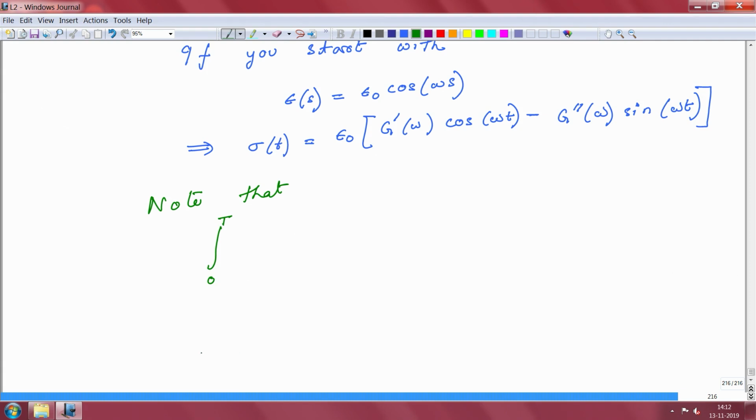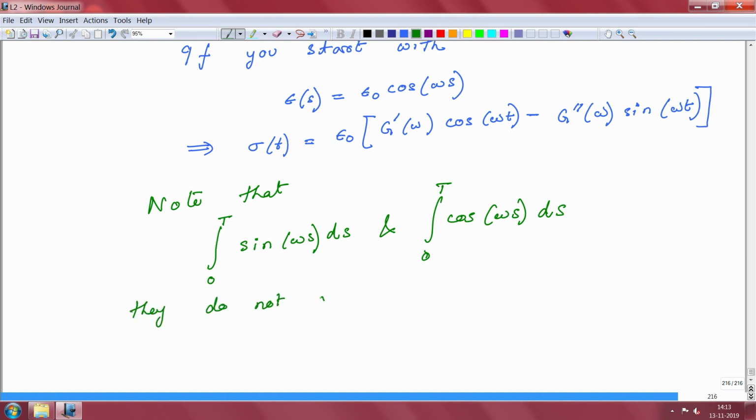If you take time tending to infinity, they do not converge to any particular value. So, these integrals do not approach a limit as t tends to infinity.